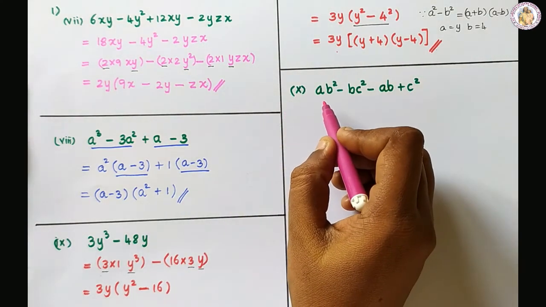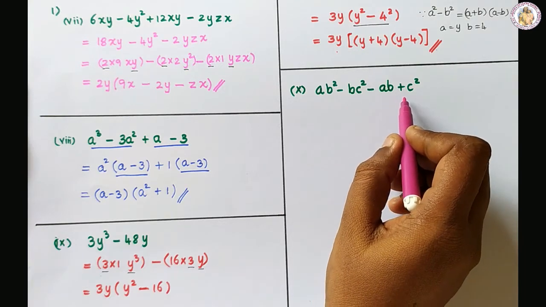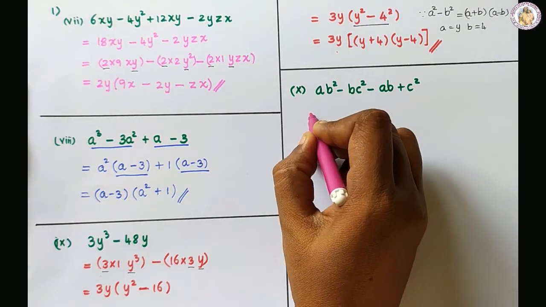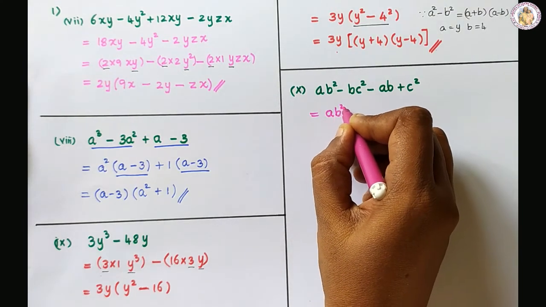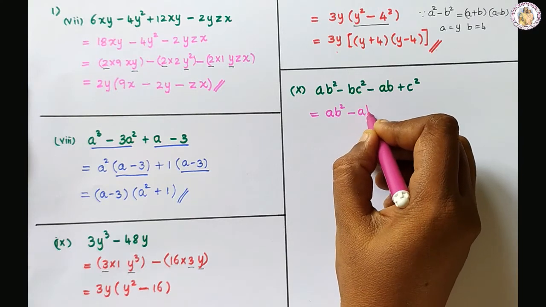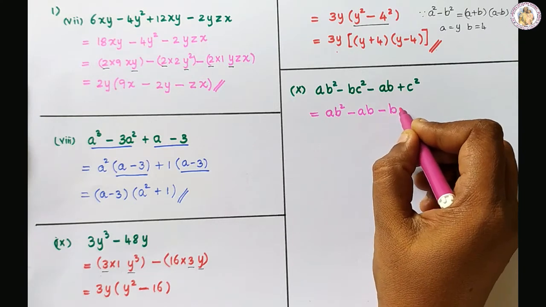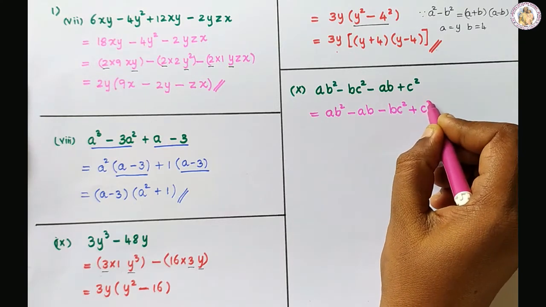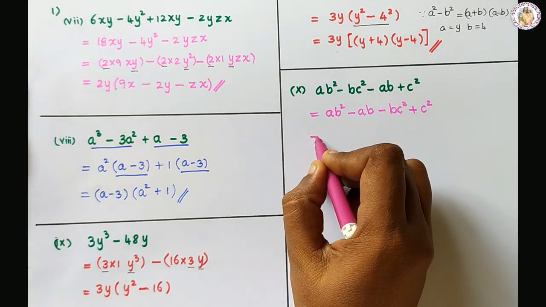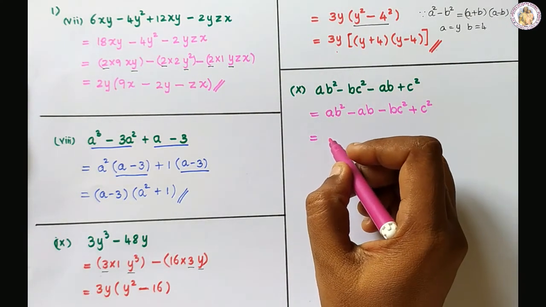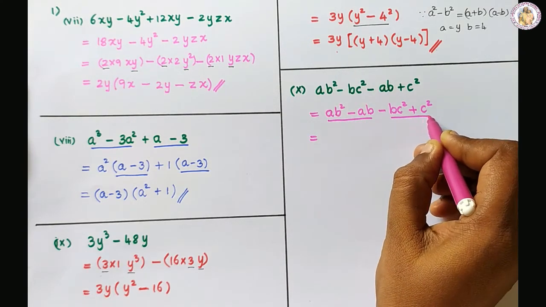The 10th one: ab squared minus bc squared minus ab plus c squared. Listen, write down like that: ab squared minus ab and minus bc squared plus c squared. Listen here, first take two terms.